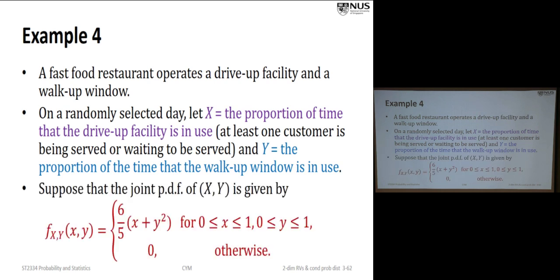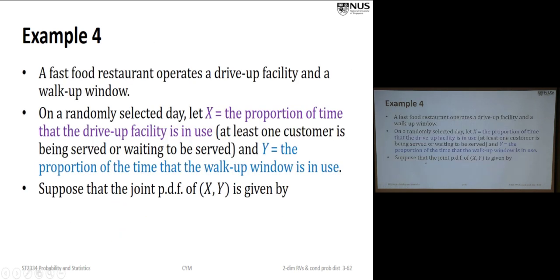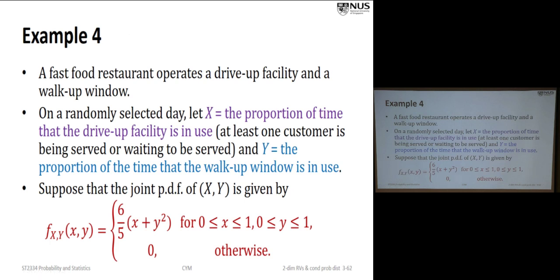Now this is the PDF given to us. When you look at the PDF, f of xy, this is a function of xy, meaning you can see x and y there. Is it still a function of xy if you don't see an x there? It's still considered a function of xy.